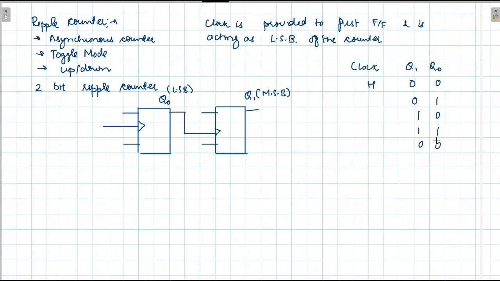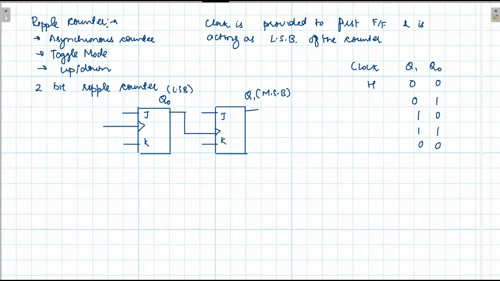So it can be counting in any of the sequences, depending upon what we are actually applying, it will give you the output. There is no hard and fast rule that we will use it as an up counter or down counter. It can be based on our requirement. This is quite simple to understand, so I will be drawing the waveforms.